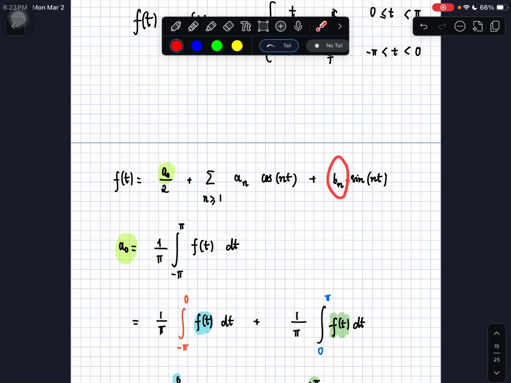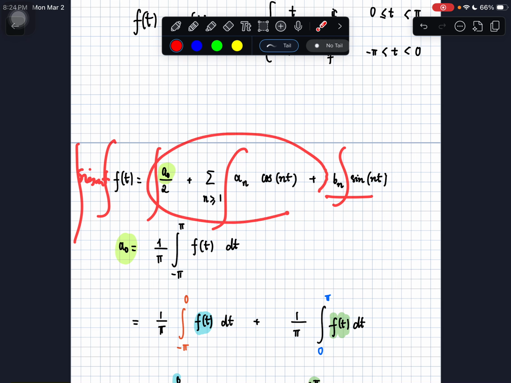Bn is the coefficient of sine nt. So to compute Bn, you just multiply by sine mt on both sides and then take the integral term by term. All other terms will be 0 except this one, which will give us pi times Bn. So that's why Bn is this one divided by pi.